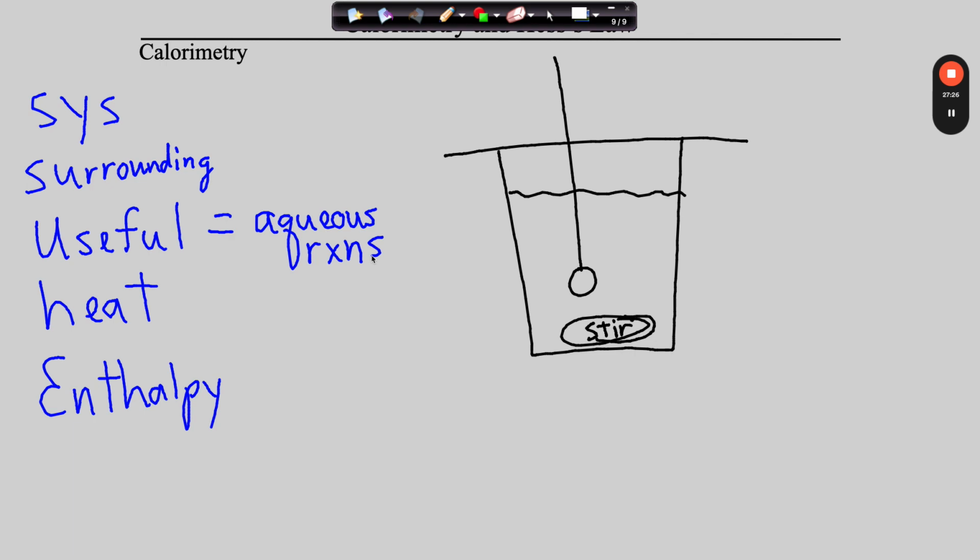But guys, they wrote bomb calorimetry out of the AP curriculum, so we don't go there anymore. If you'd like to dig into it more deeply, I'd be happy to explain it to you. We have a bomb calorimeter. We just don't do it anymore. But understand that bomb calorimetry actually allows you to study combustion reactions. Okay, so that's what this is good for.